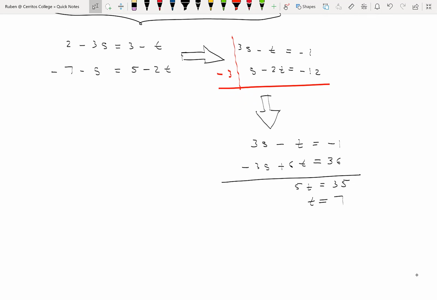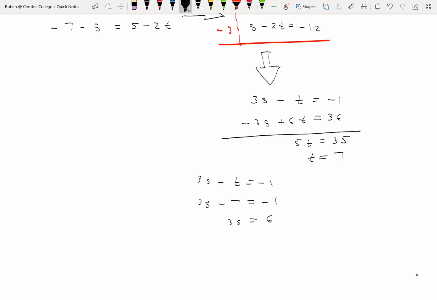So I have the equation 3s minus t equals negative 1 from above, and I'll substitute t equals 7. I get 3s minus 7 equals negative 1. 3s equals 6 if I add 7 to both sides. So s, ugly looking s, not getting any better, s equals 2.